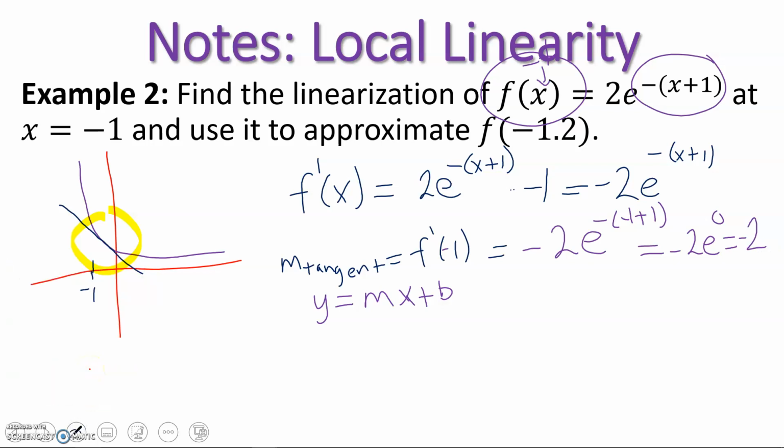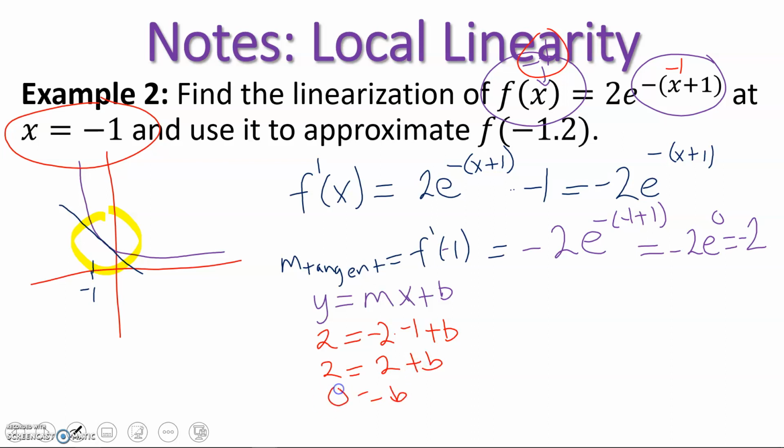All right, so once again, if we plug in -1 here, -1 plus 1 gives 0. We have 2e to the 0, so our y value is 2. Our slope we said is -2, and our x value is -1, plus b, our y-intercept. So that gives us 2 equals 2 plus b. So then our y-intercept is actually 0.